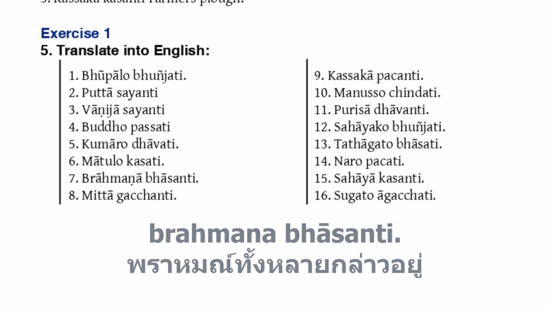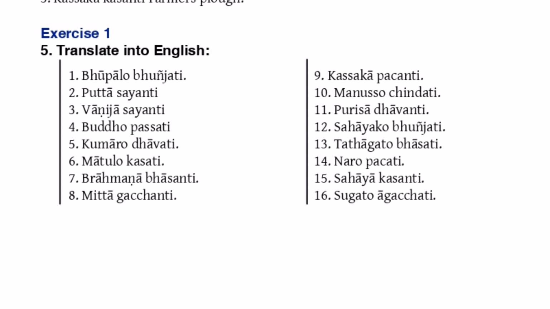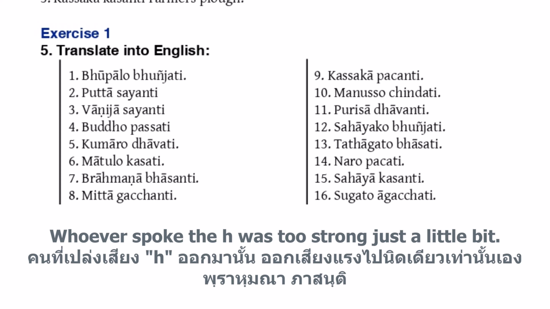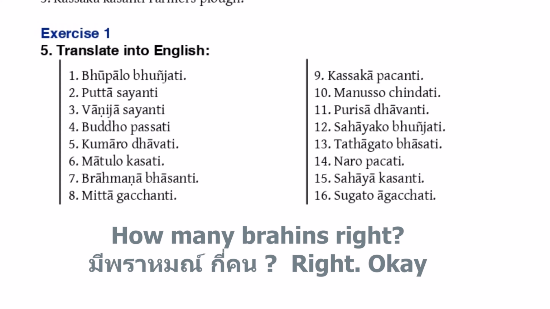Brahmana bhasanti. You get that bh, it's just a little bit of a wiggle in the throat. Brahmana bhasanti. Whoever spoke, the bh was too strong. Just a little bit. Brahmana bhasanti. And the meaning, yeah, the Brahmins speak, or the Brahmins are speaking. How many Brahmins?